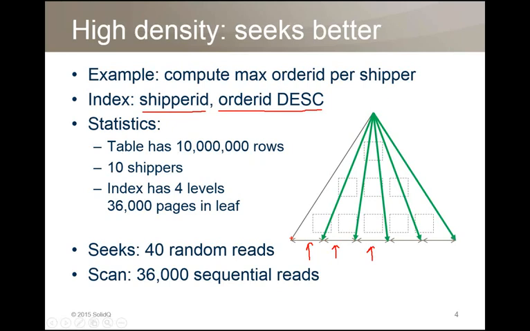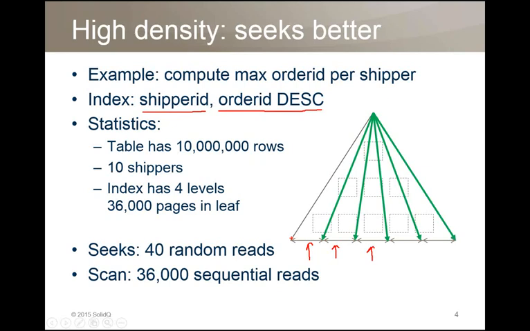need to return. So imagine that our orders table has, say, 10 million rows, and the company works with 10 different shippers. So with 10 million rows, very likely you will be looking at an index that has 4 levels within it, meaning that the cost of a seek that will get you to the leaf of the index will be 4 random reads.